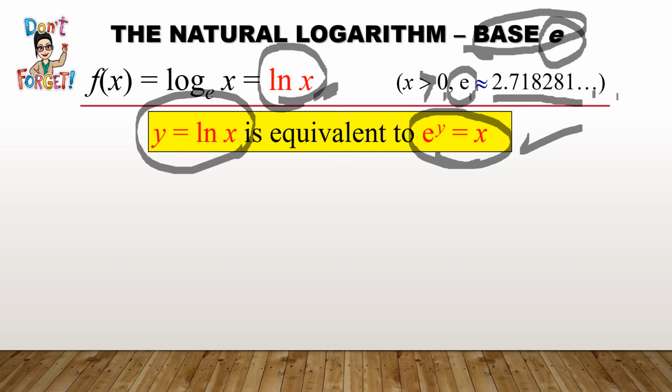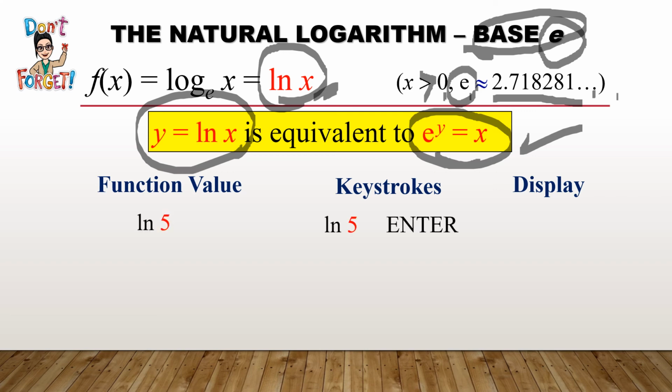Let's have examples. Since you have a calculator, you can press everything in your calculator. So we have the function value, keystrokes, and display. Example number 1, ln 5. Using the calculator, press ln, press 5, press enter, and you will get 1.6094379 and so on and so forth. Next example, ln negative 5.